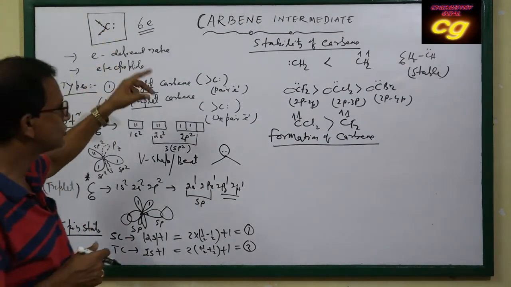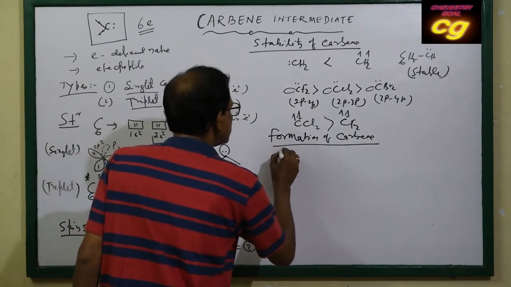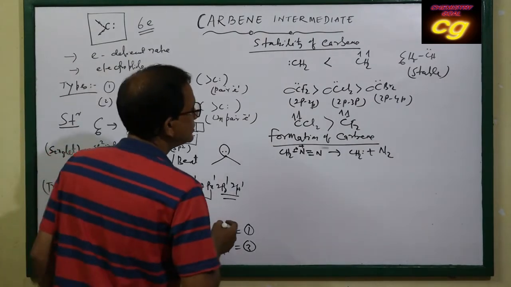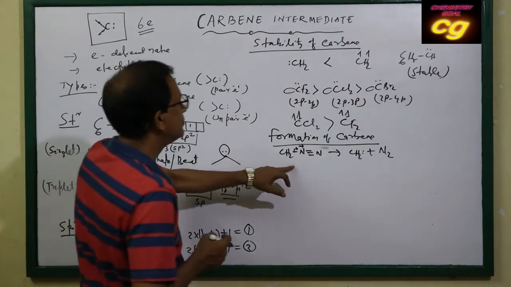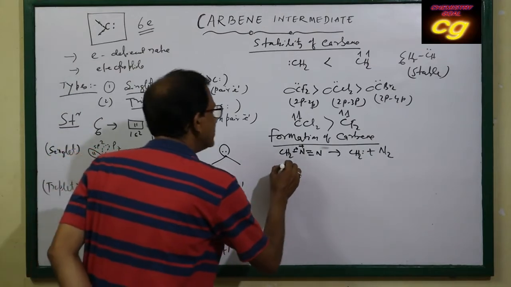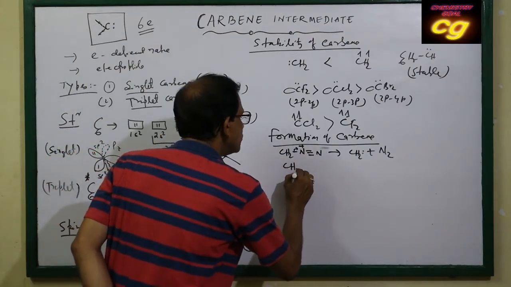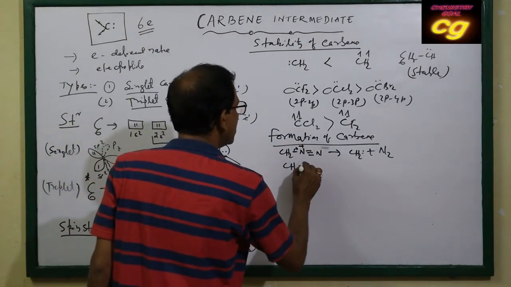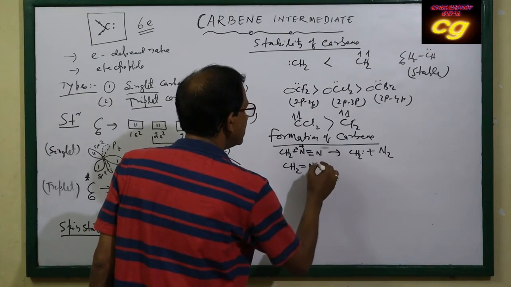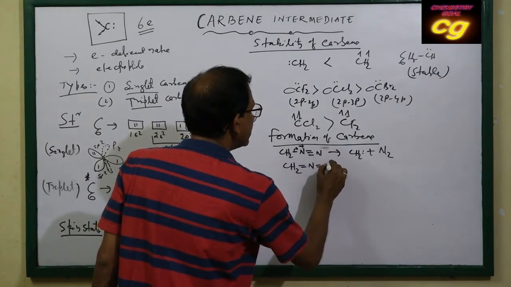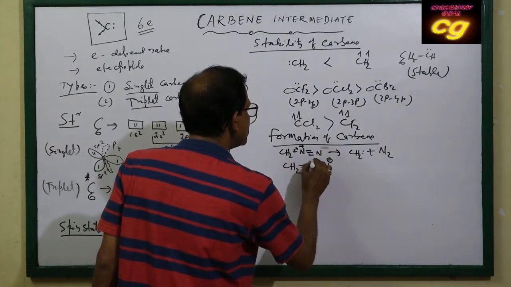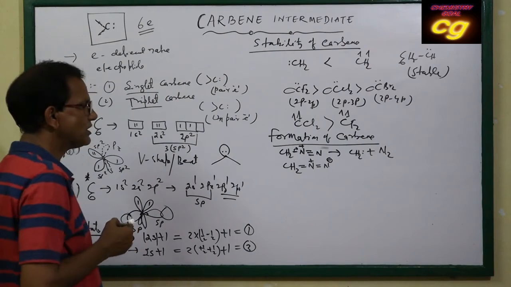Mainly it is produced from diazo compounds. This is the structure, diazomethane. If you draw the structure of diazomethane, this is CH2, then double bond N, then double bond N. This is a minus charge, this is a plus charge. This is the resonance structure.